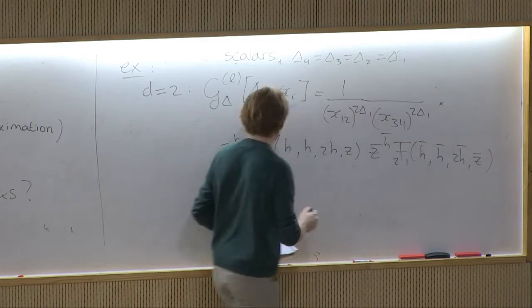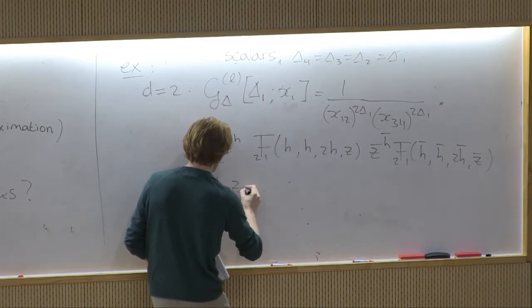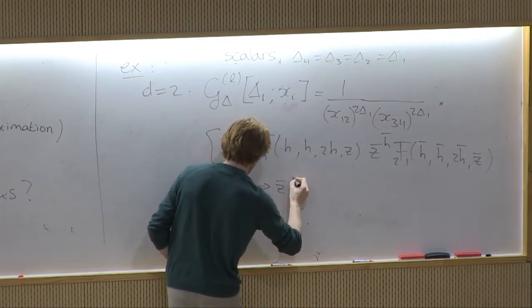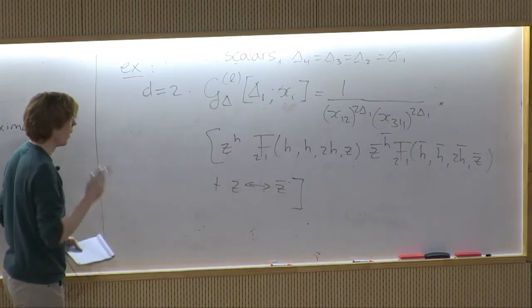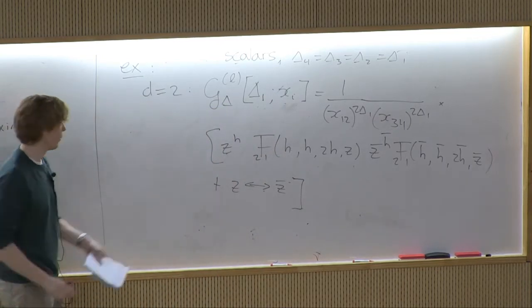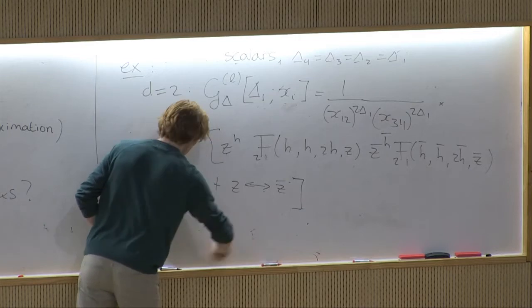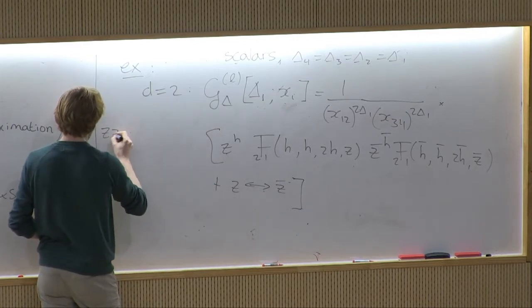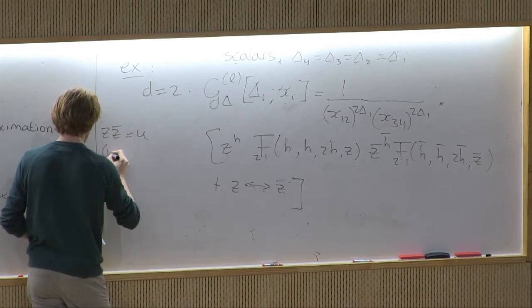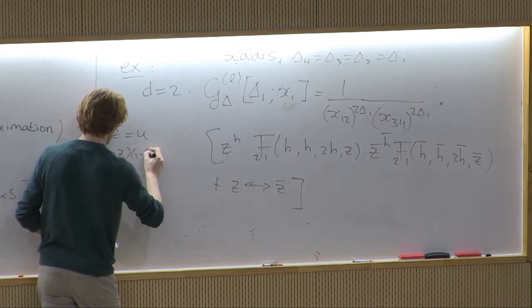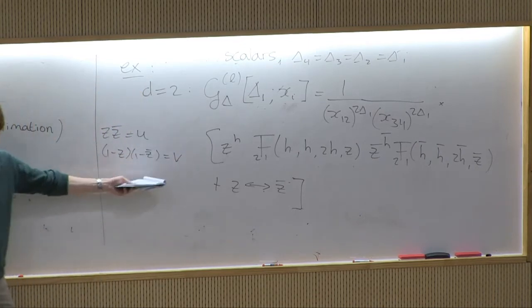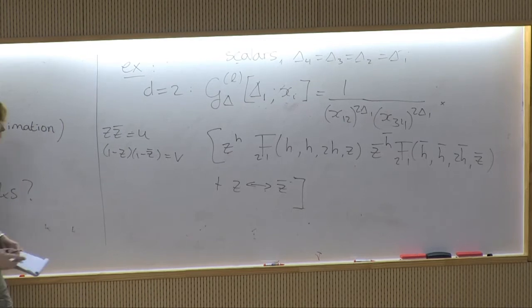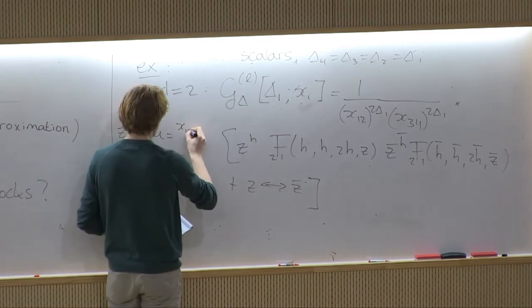like so. And then we add the z and z bar swapped, like this, where I've now introduced some new variables. So I should mention that z z bar is u, and 1 minus z times 1 minus z bar is v. u and v are the cross ratios that I wrote in the previous lecture, or one of the previous lectures.